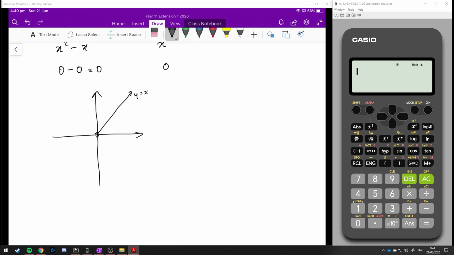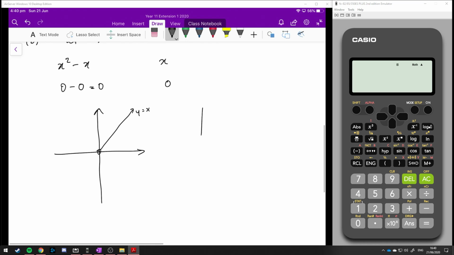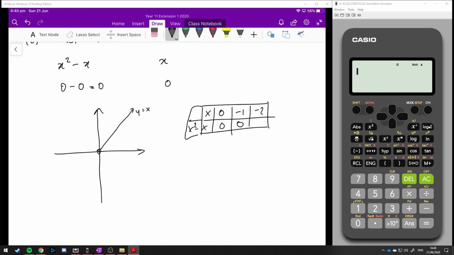And for the other bit, we've got x squared minus x. Let's do a quick little table of values for that one. So we've got x and we've got x squared minus x, and that's 0, -1, -2. So x squared minus x at 0 is equal to 0. Okay, -1 squared is 1, plus 1 is equal to 2, and -2 squared is 4, plus 2 is equal to 6.